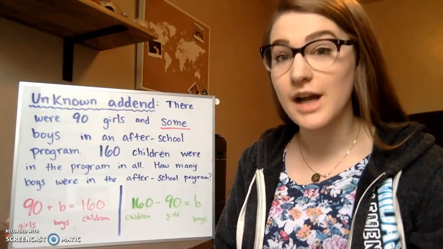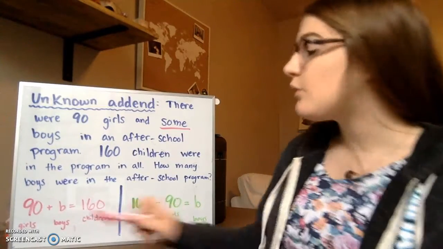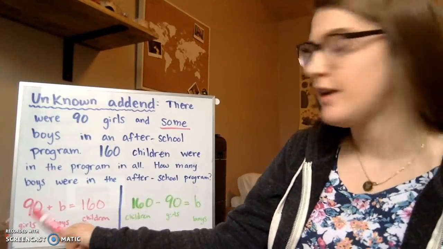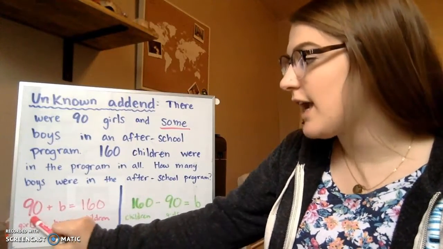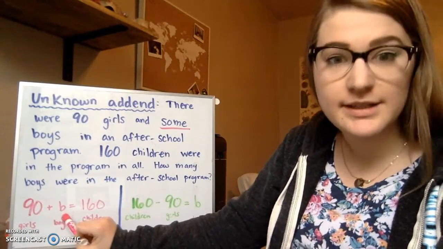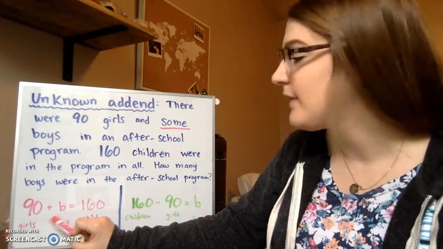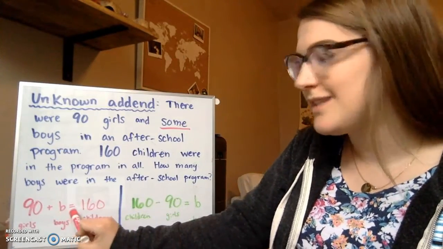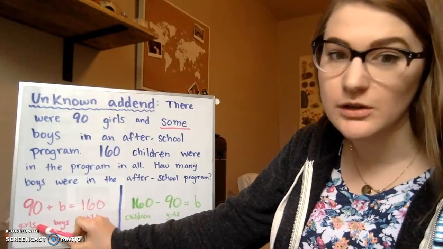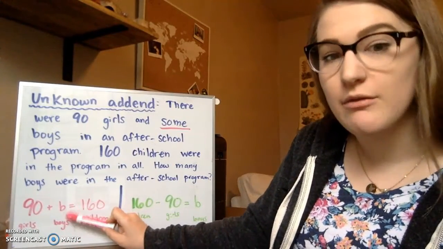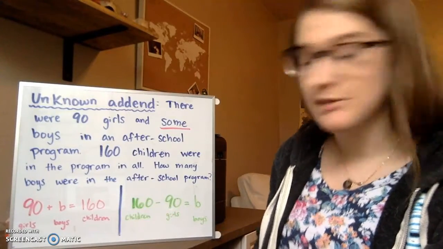All right, so there are a couple of ways that you could have thought about this problem. One way, the way in pink, you could have thought of it as an addition problem. So 90 plus what? I put a variable in here, so letter B is my variable. So 90 plus what equals 160, where 90 represents the girls, the variable B represents the boys, and the 160 represents the children.